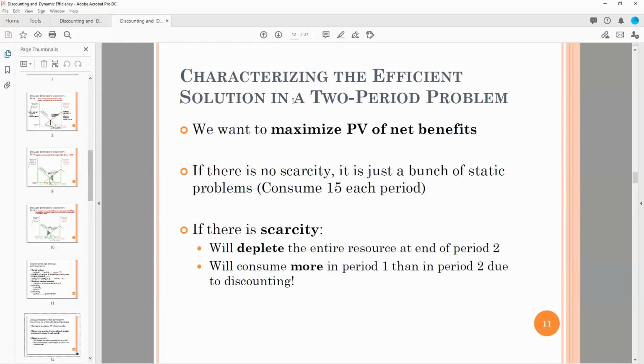If there is no scarcity, then it is just a bunch of static problems. We can just consume 15 units in each period. However, there is scarcity, so we need to consume all the resource by the end of period 2, and we will consume more in period 1 than in period 2 due to the discounting.